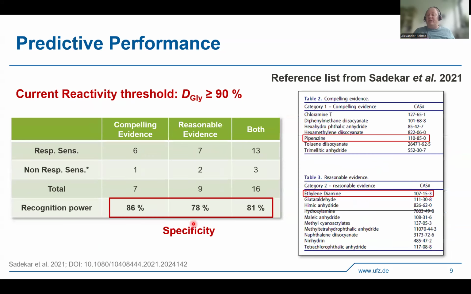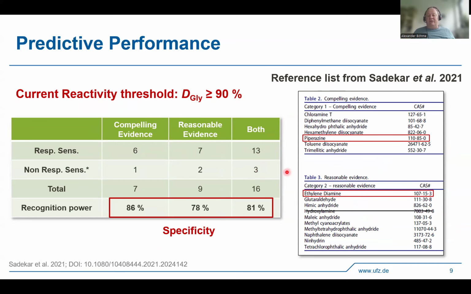A very similar result was observed when we had a look at another reference list, which was from Sadicka and colleagues. Here our assay classified many of the high evidence respiratory sensitizers correctly.